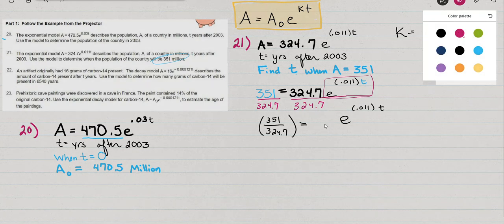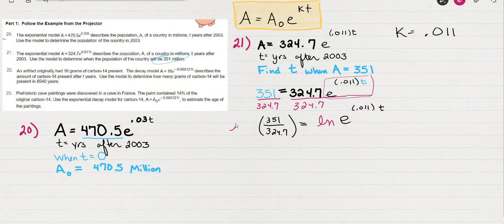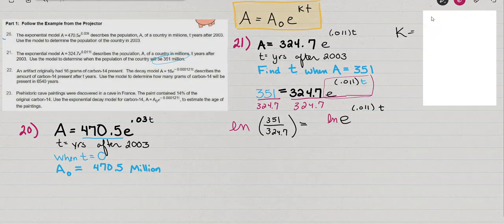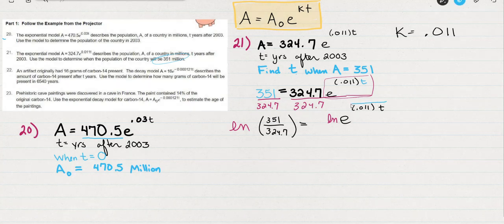So what I'll do now is I'll take the natural log of both sides because I want to get this t down, right? So when I take the natural log of both sides, that exponent, the 0.011t, just falls right down in front.